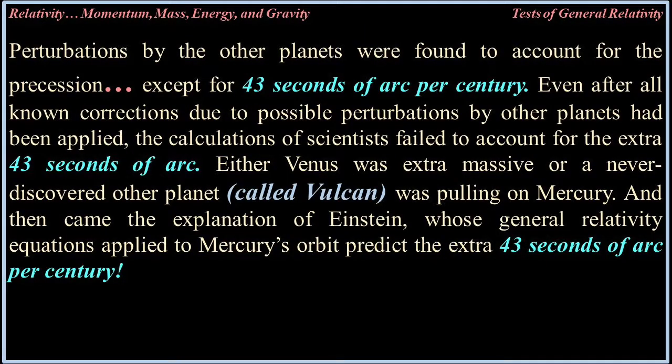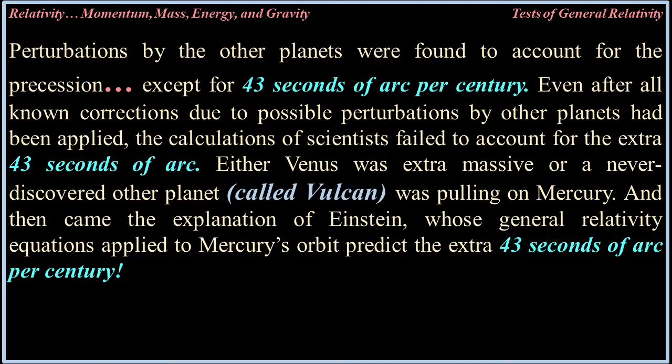Perturbations by the other planets were found to account for the precession, except for 43 seconds of arc per century. Even after all known corrections due to possible perturbations by other planets had been applied, the calculations of scientists failed to account for the extra 43 seconds of arc.